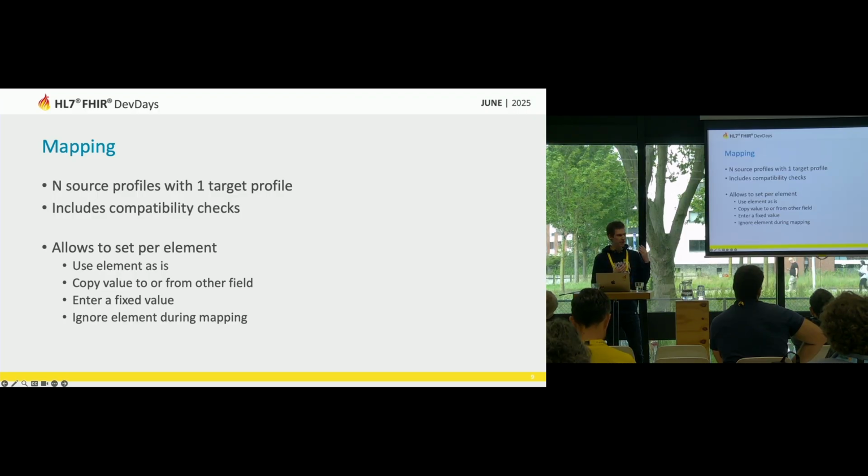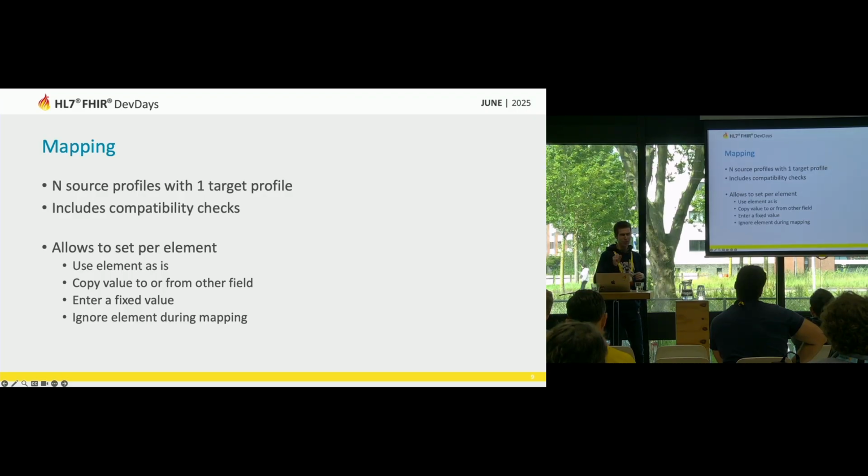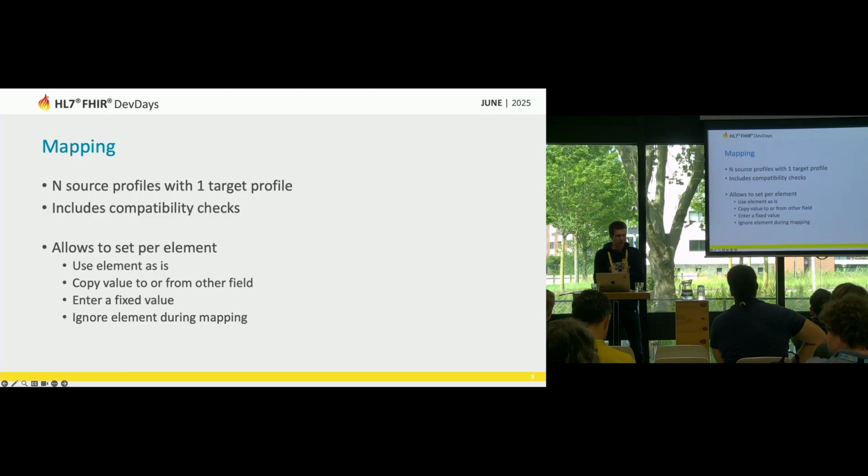Or you can enter a fixed value, like when you want to put in a specific value for meta profile. Or you can say, I want to ignore. You usually don't want to throw away data, but in some use cases, maybe it's an additional extension you don't want to have in your workflow, and it's possible to express this here.